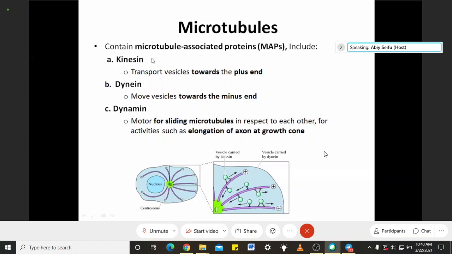These proteins are named microtubule associated proteins. One of the basic functions of microtubules, in addition to being engaged in the formation of cytoskeleton, is transportation of substances, vesicles, and organelles within the cell.